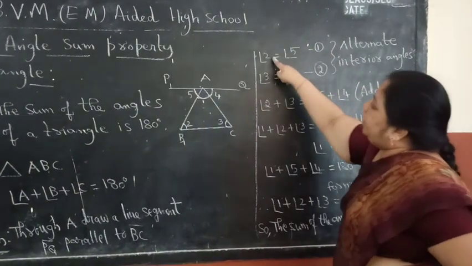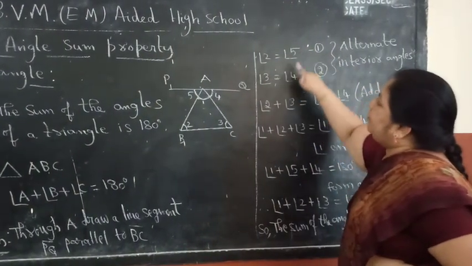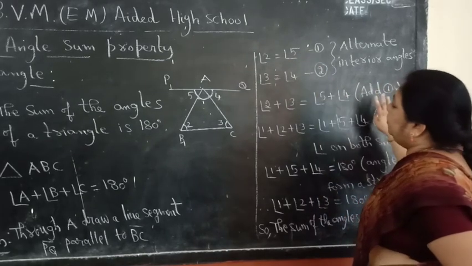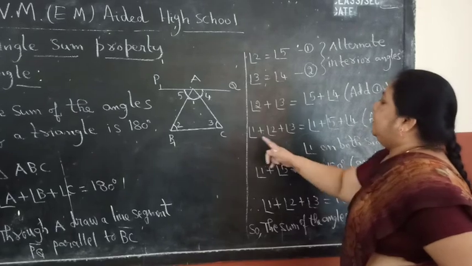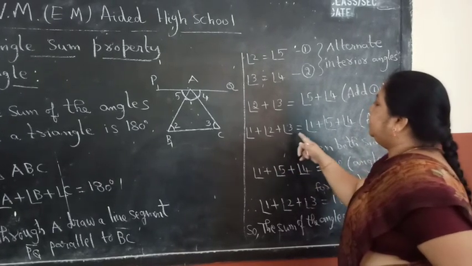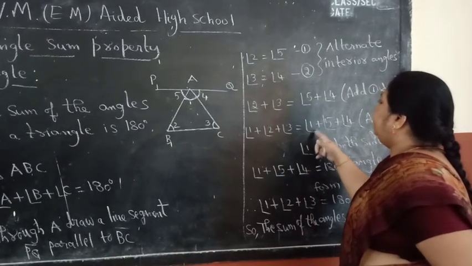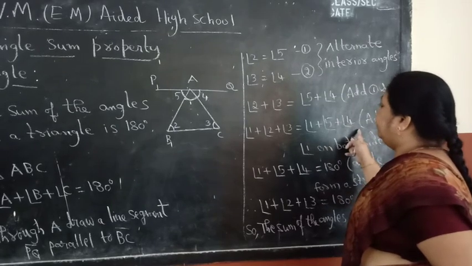Adding these two, angle 2 plus angle 3 equal to angle 5 plus angle 4. Adding angle 1 on both sides: angle 1 plus angle 2 plus angle 3 equal to angle 1 plus angle 5 plus angle 4.